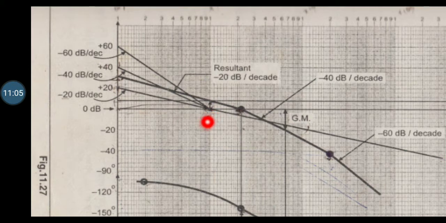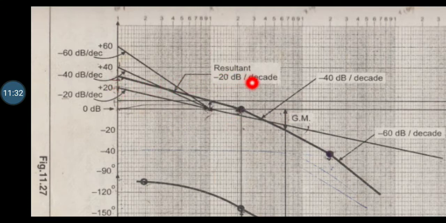So this is the intersection point of omega equal to 1 and the 0 dB line. First we have to plot 20 log k. 20 log k means we are getting 6 dB. So locate the 6 dB point and draw a straight line from that till the end. You can see, this is 20 log k, which is 6 dB.